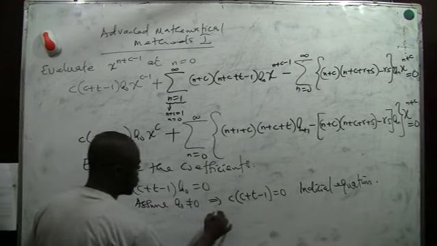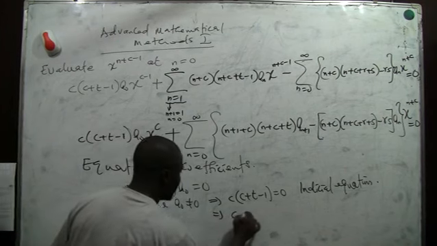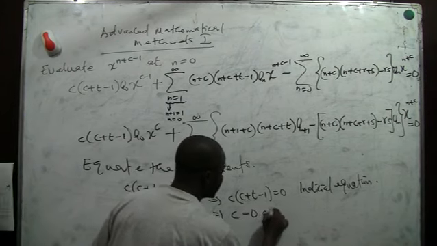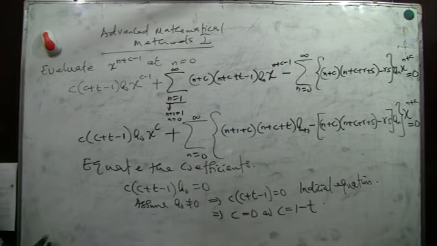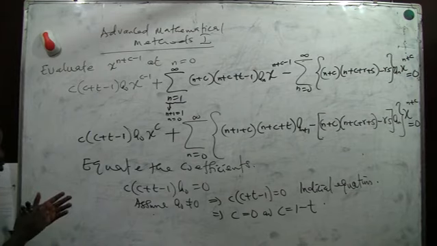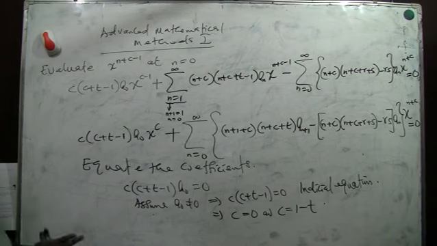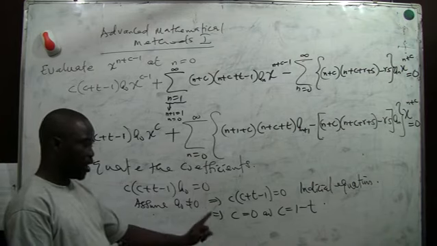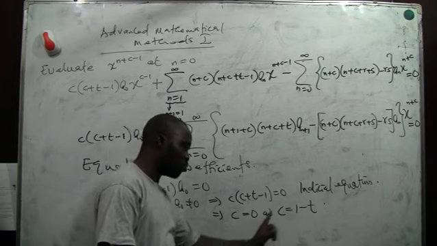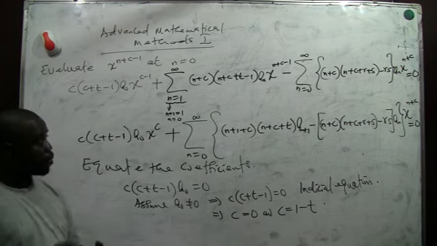Solving this equation further implies that I have c equals 0 and c equals 1 minus t, which confirms the first note we had at the beginning of the class, that solving using Frobenius, the hypergeometric equation has two roots that are called indicial roots, and the two roots are 0 and 1 minus t.